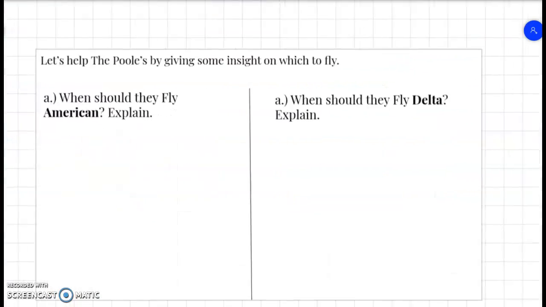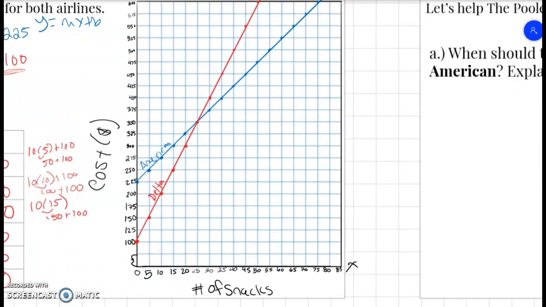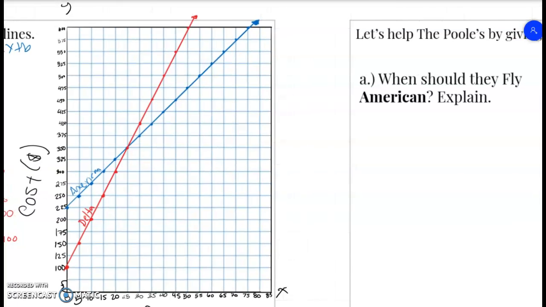Okay, so we need to help us out, give us some insight. When should we fly American and when should we fly Delta? Keep in mind, it might be cheaper to fly, right? So American, it's pretty expensive, more than Delta up until at least what point? 25 snacks. After that, it's a lot cheaper.